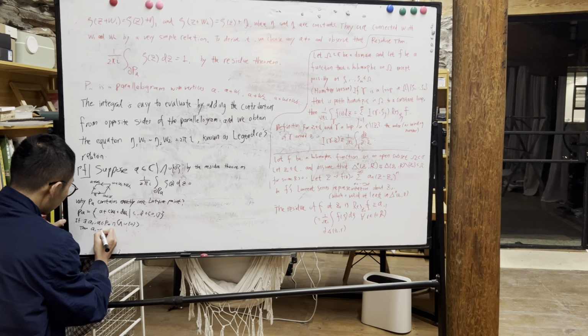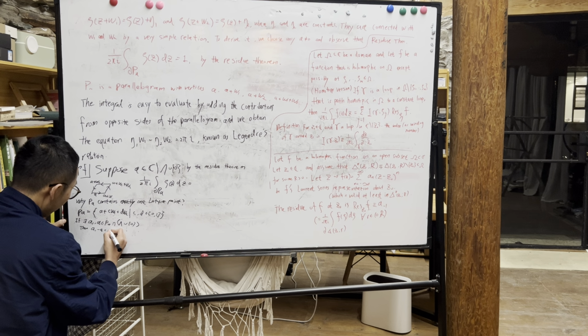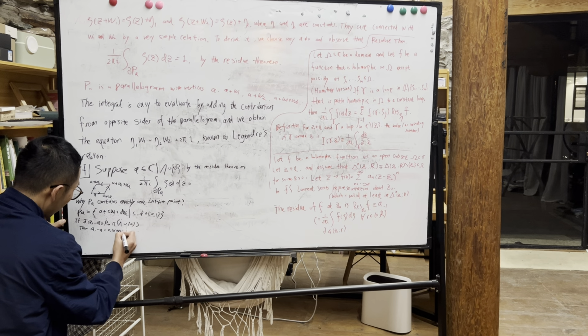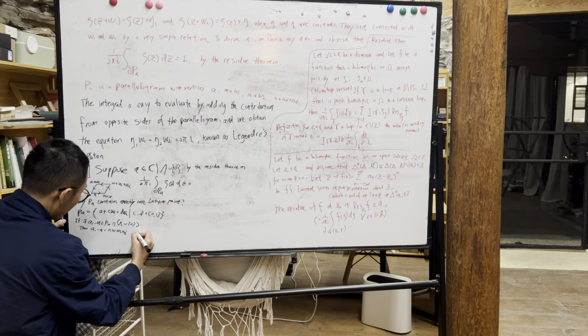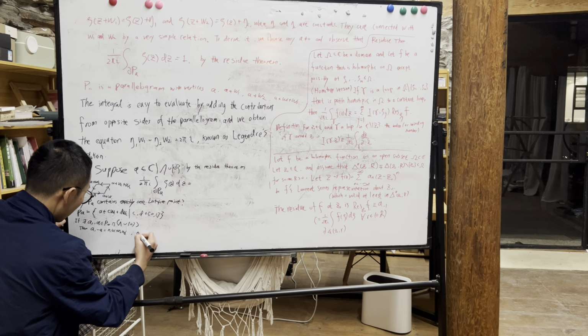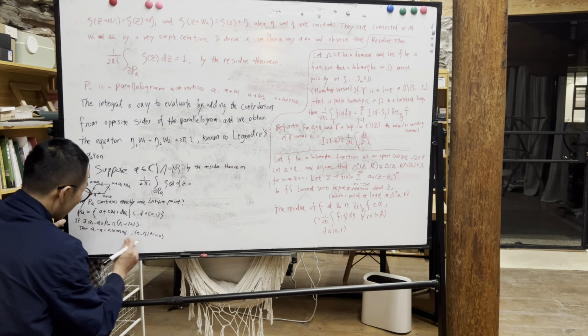then A1 minus A2 is equal to some number, let's say N1 omega 1 plus N2 omega 2, where N1, N2 are not both 0, and also integers.